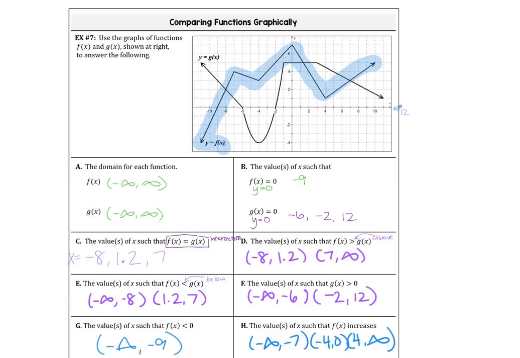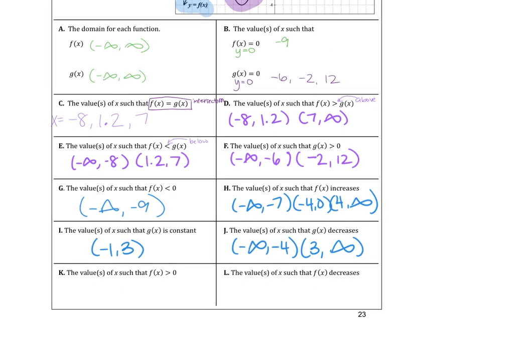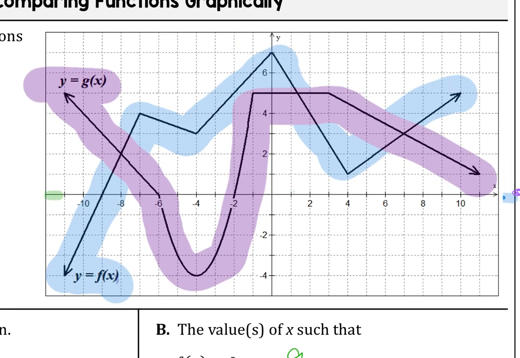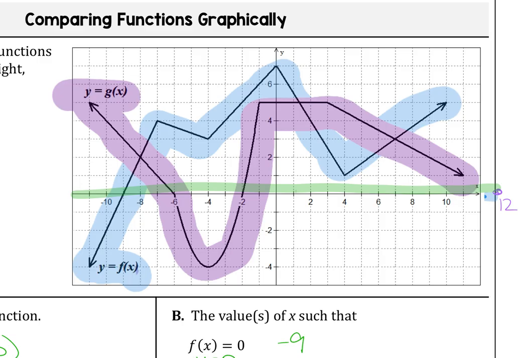F of x, g of x. Okay. F of x is greater than 0, so anything above here. Highlighted weird. Okay. There we go.